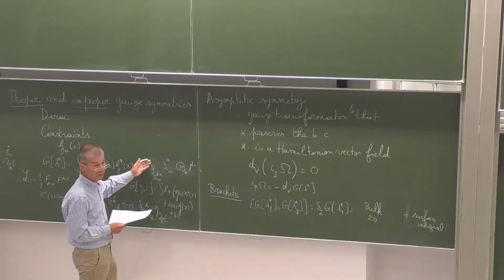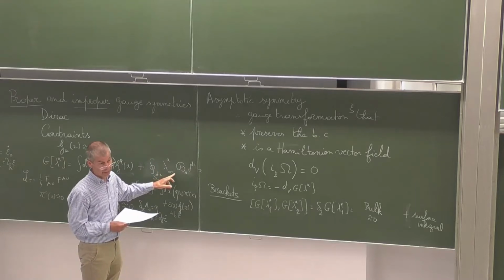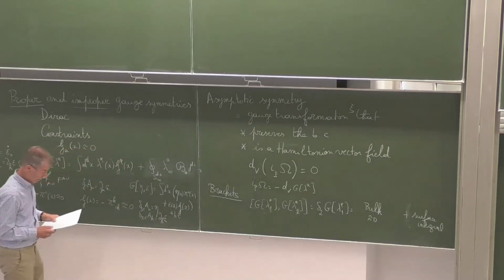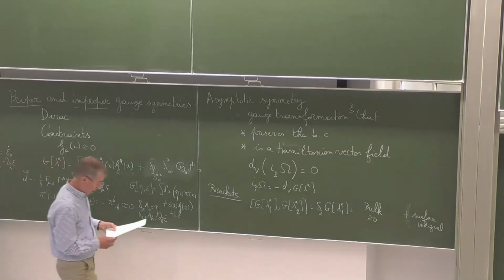In other words, the only relevant thing are the asymptotic values of the gauge parameters, and this is why the term asymptotic comes. Only the asymptotic values are relevant in the end.